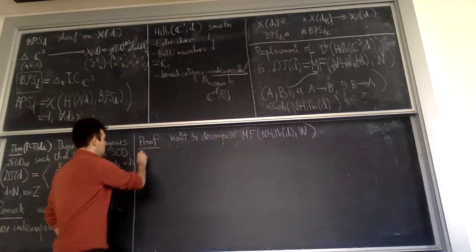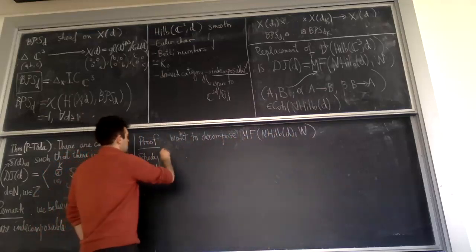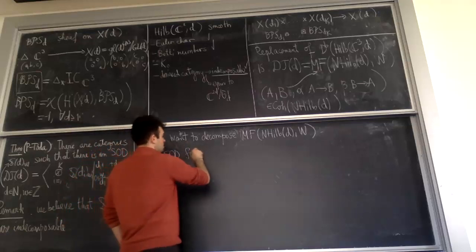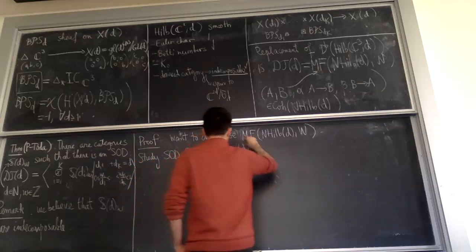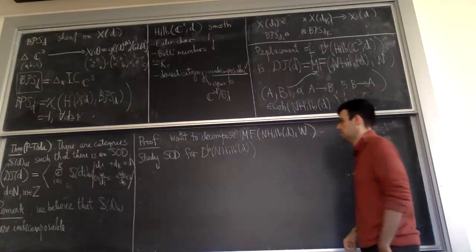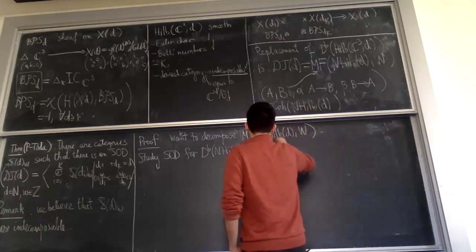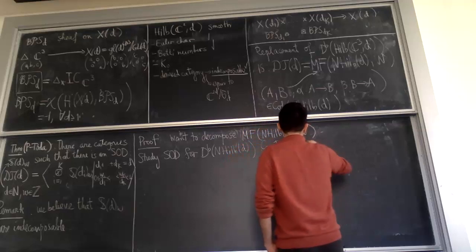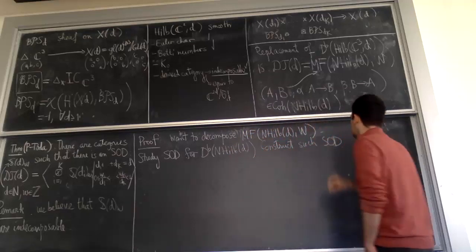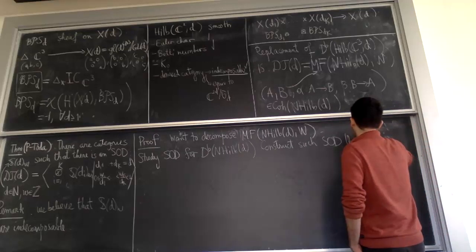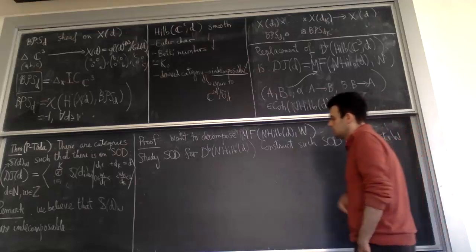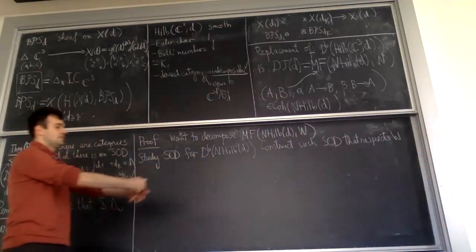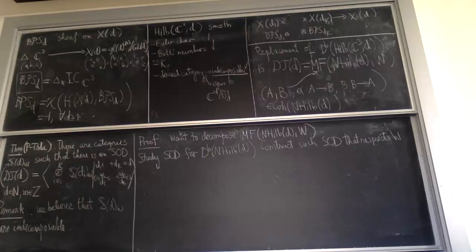So instead, we study semi-orthogonal decompositions when the potential is 0. And we will construct such a decomposition that respects the potential W. So this will allow us to apply matrix factorizations for potential W at the end, and then obtain a statement about matrix factorizations.